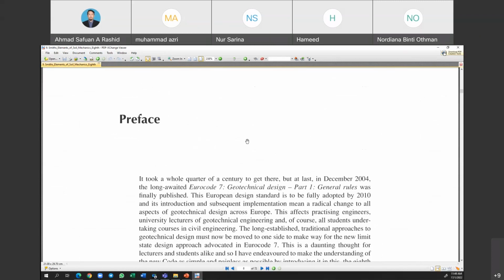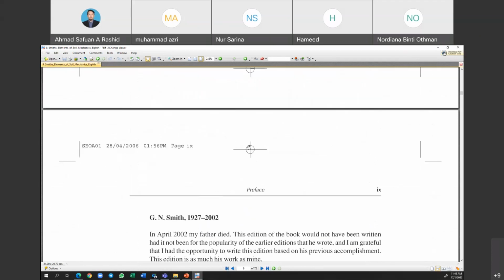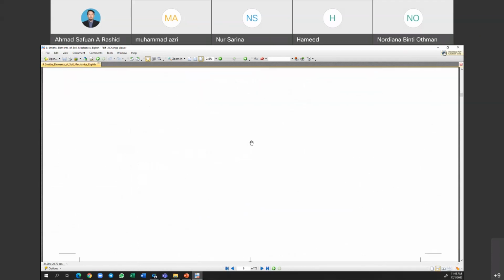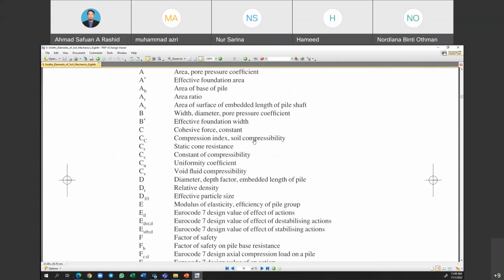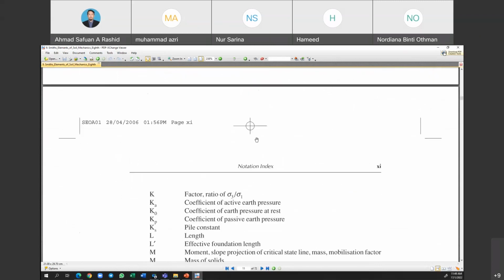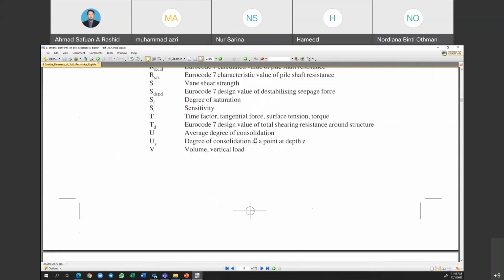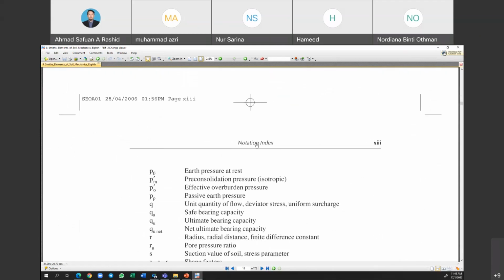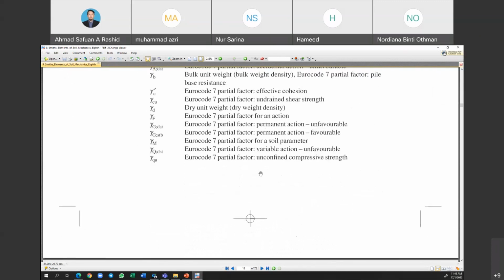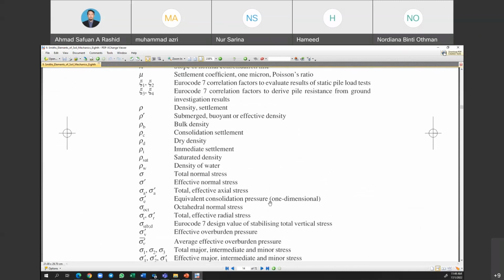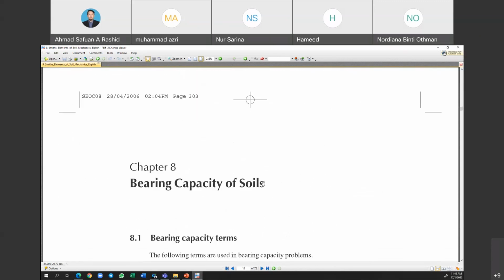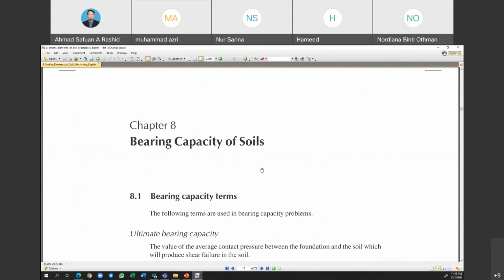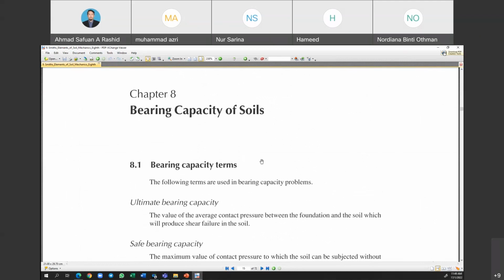So it only focuses on chapter number 8. You can have a read to understand the bearing capacity of soil.